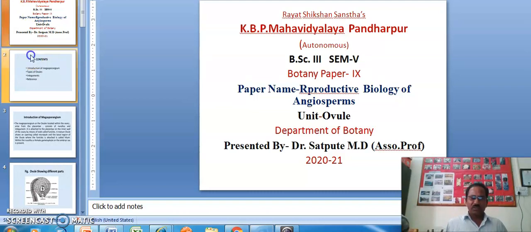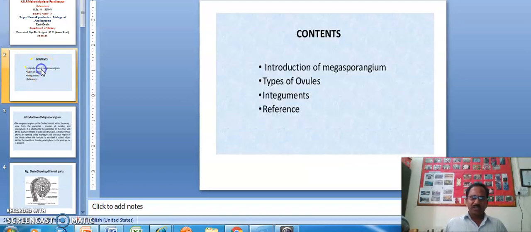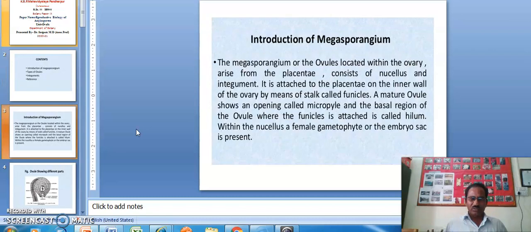In this unit we will see structure of ovule and types of ovules and integuments. Introduction of Megasporangium. Megasporangium or ovules located within the ovary arise from the placenta, consist of nucellus and integument.